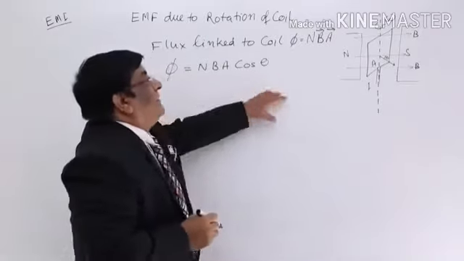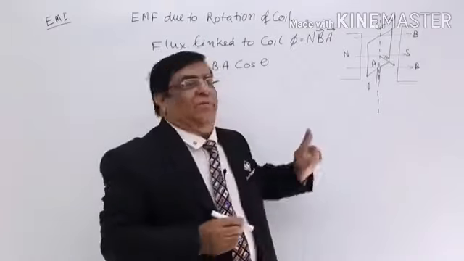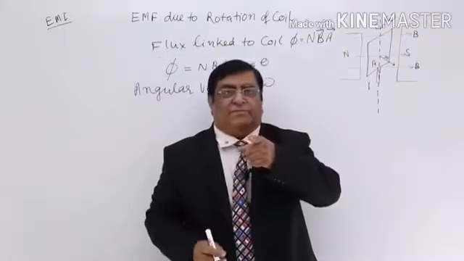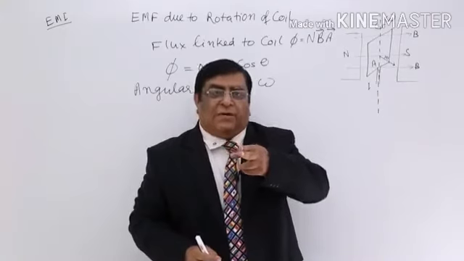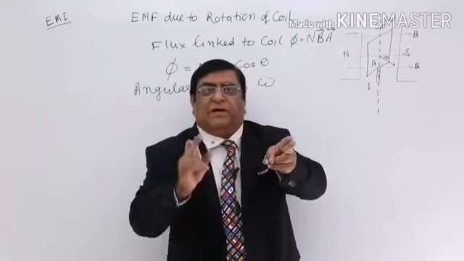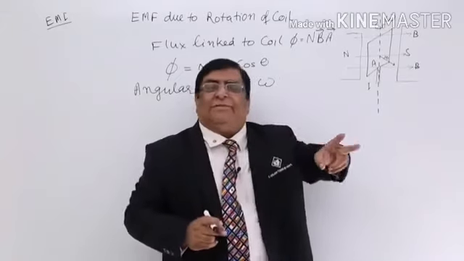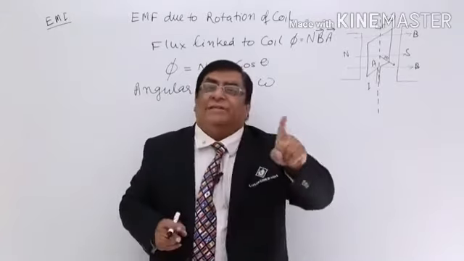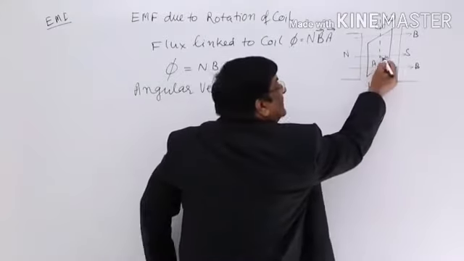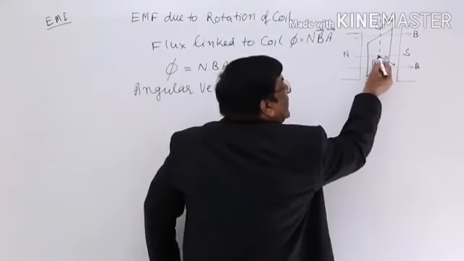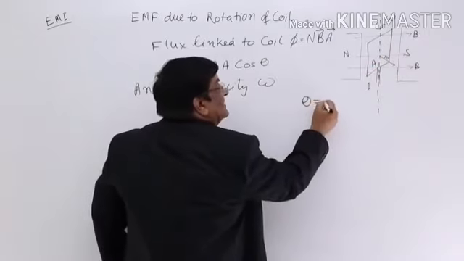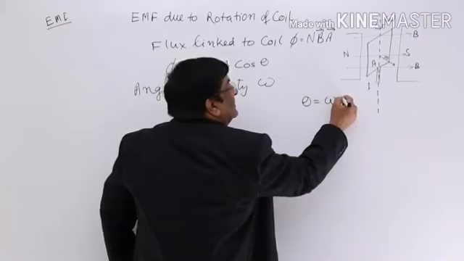Now this is rotating with the angular velocity omega. Now when it starts from time 0, after 1 second the displacement will be omega, after 2 seconds 2 omega, after 3 seconds 3 omega, and after t seconds omega into t. So it has rotated for t seconds. If it has rotated for t seconds, then the angle theta is equal to velocity into time.